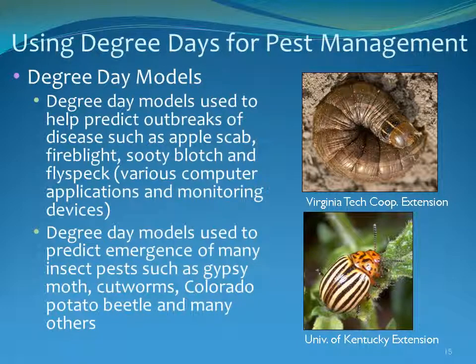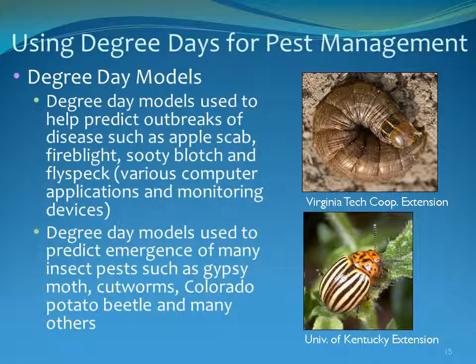So, for instance, apple scab, when I talked to you about diseases during that lecture, we mentioned apple scab, that fungus that affects apple trees and crabapple trees and a lot of plants in the rose family. Fire blight, that is a bacterial disease that also affects plants in the rose family. Sooty blotch and fly speck, also again apple pests.